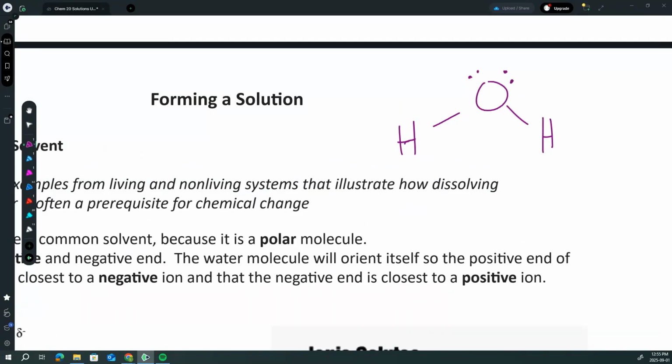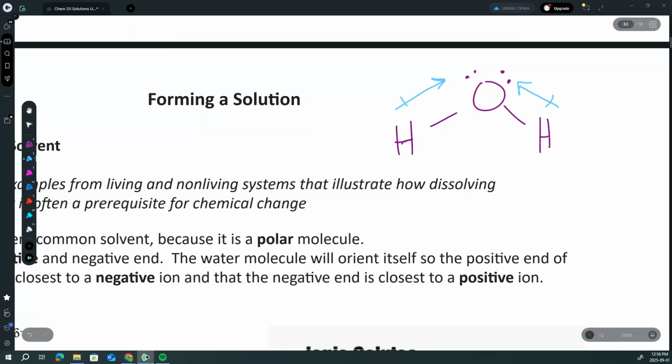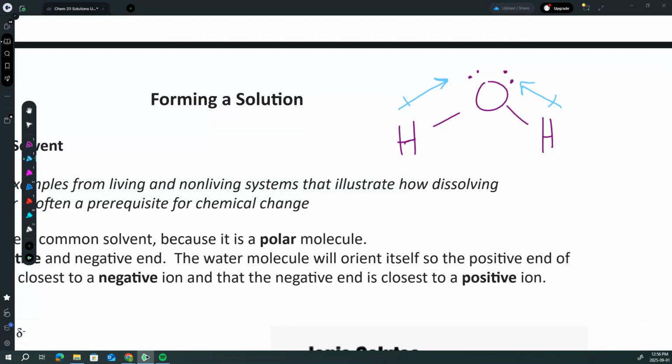Let me put the lone pairs there. If I was to do dipole arrows on this, I would point them towards oxygen because the dipole arrows always point towards the more electronegative atom.